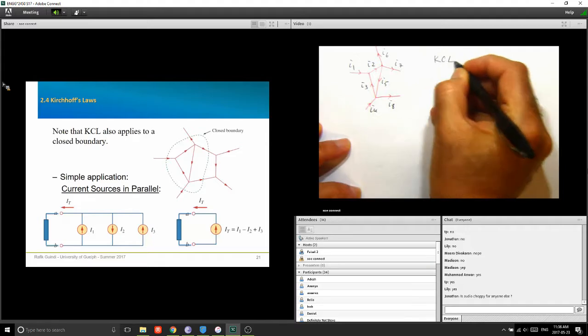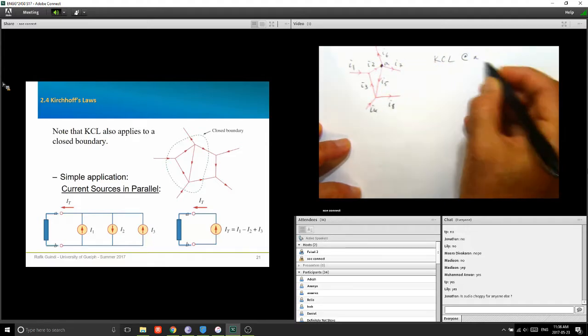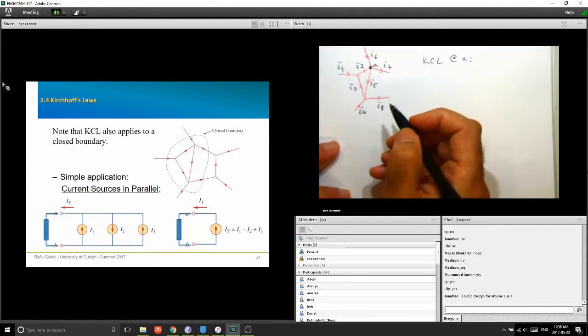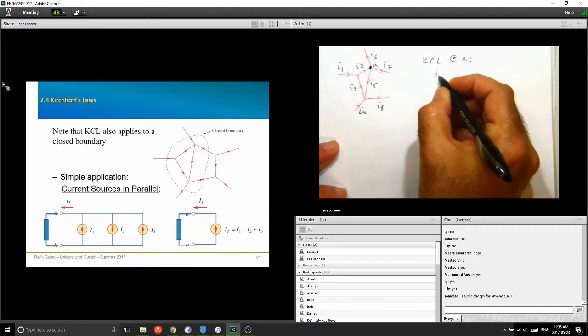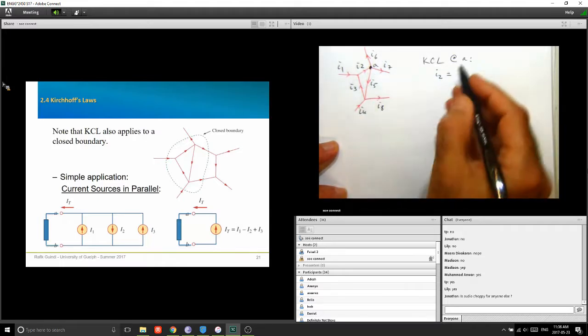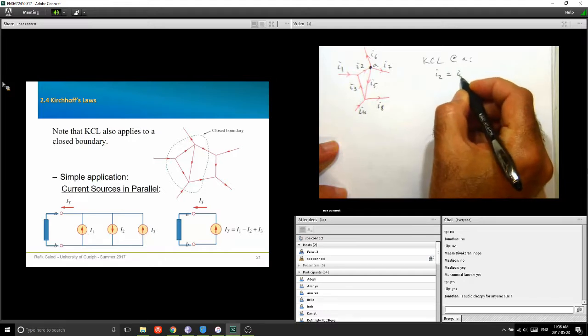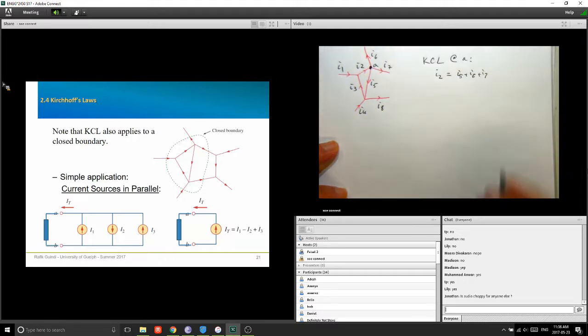So KCL, say at node A, I would say the sum of the currents entering that node, which is only I2 entering, is equal to the sum of all the currents leaving. That's going to be equal to I5 plus I6 plus I7. That's how we would do KCL at a node.